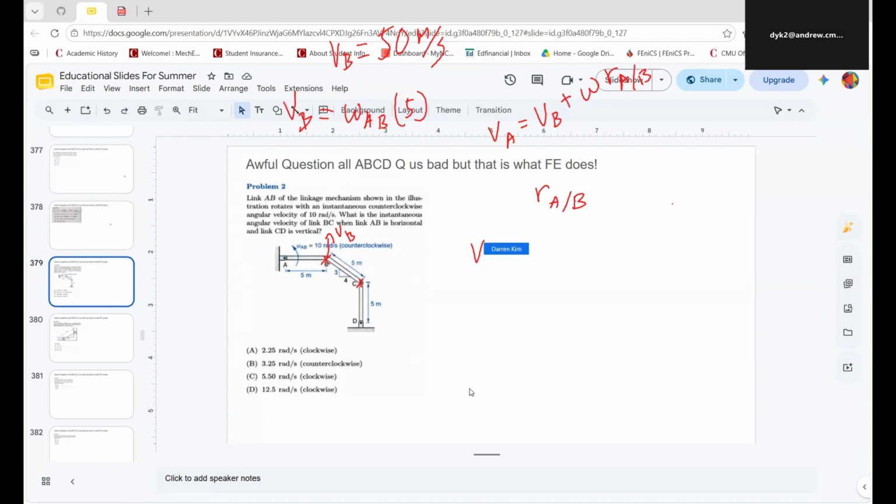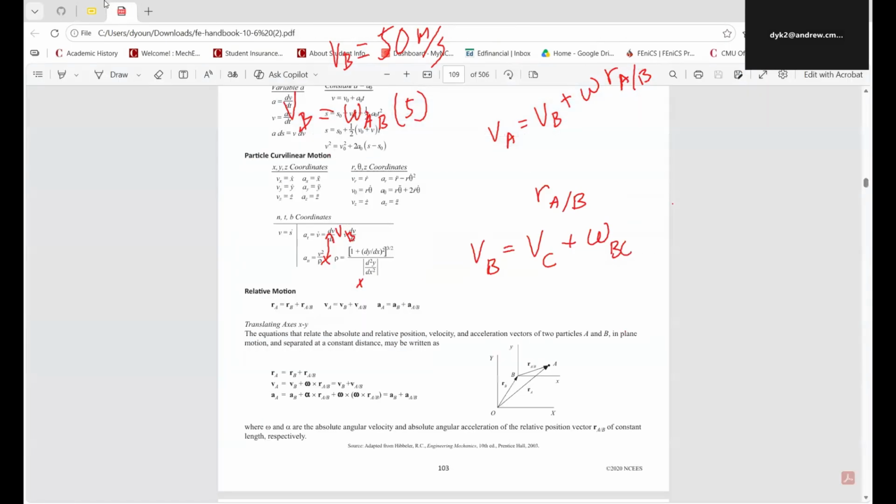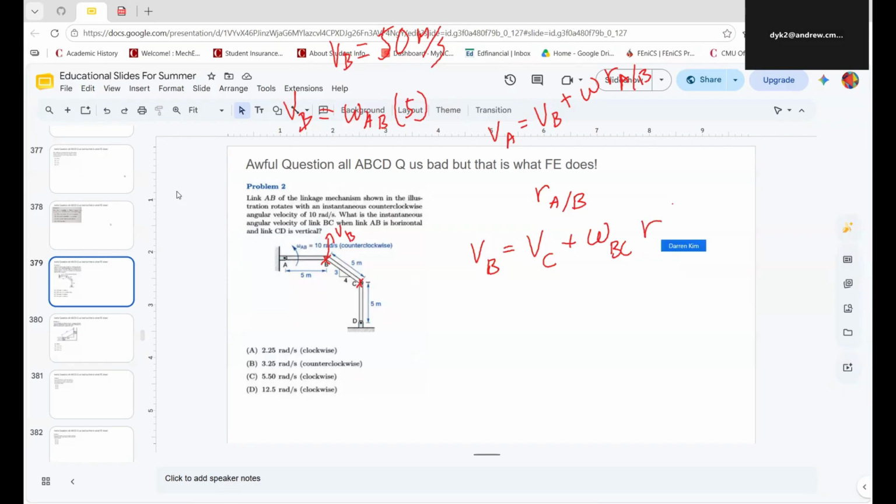So VB equals VC plus omega BC, and it doesn't matter the direction, I believe, but preferably we know the direction. And then this is r B/C.